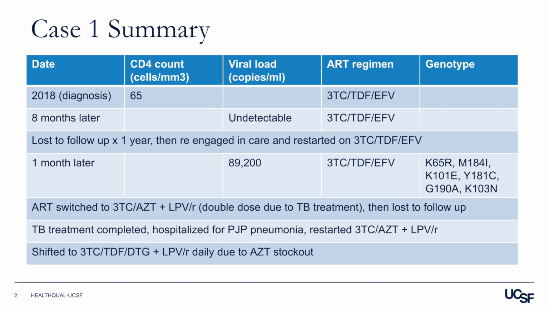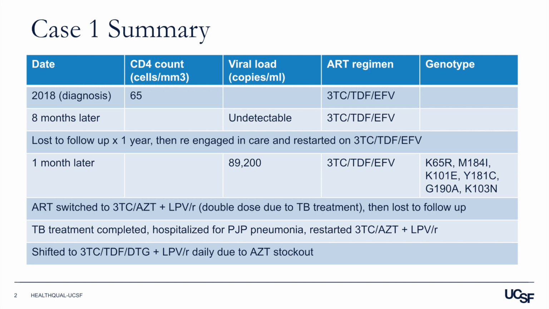So here I just have a table format of the case that we just went through. It's a complicated and rich case, I think with a lot of opportunities for learning, and we'll use this as an introduction to HIV resistance and assessing genotypes. So just to summarize what we just went through, this patient was initially diagnosed in 2018 with a CD4 count of 65 and was started on a regimen of lamivudine, tenofovir, and efavirenz, and did achieve undetectable status with that regimen, but unfortunately was lost to follow-up for a period of about a year.